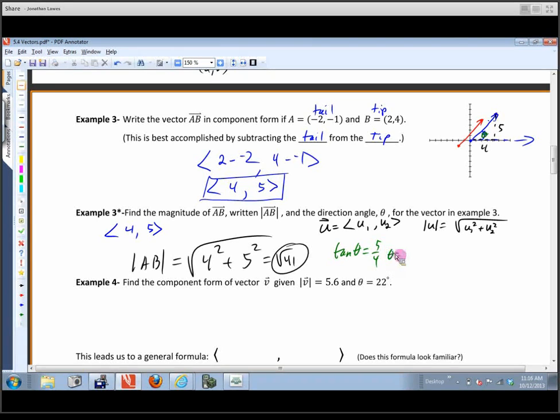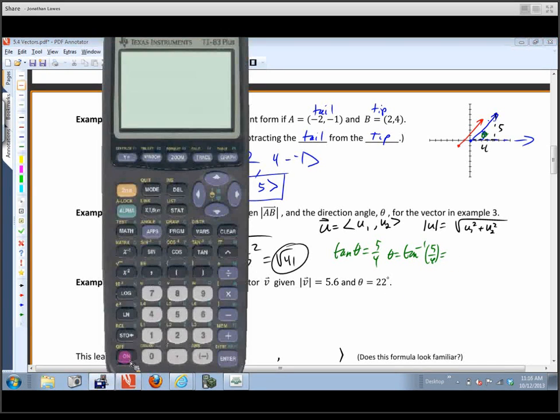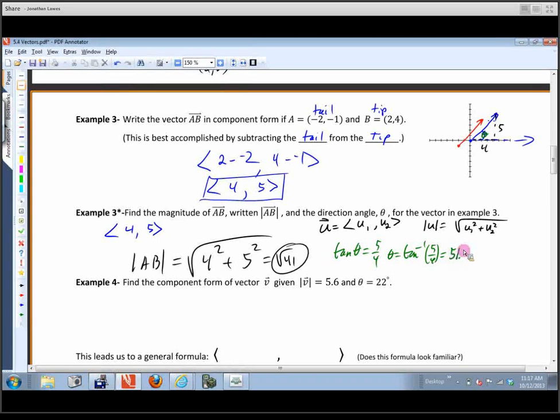So theta is going to be equal to the tangent inverse of 5 over 4. So let's get what that is. So I'll hit second enter, recall that, edit that, 5 over 4, and I get 51.3. So this is 51.3 degrees.